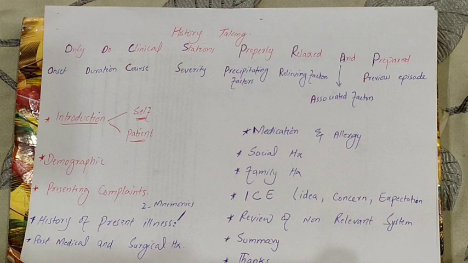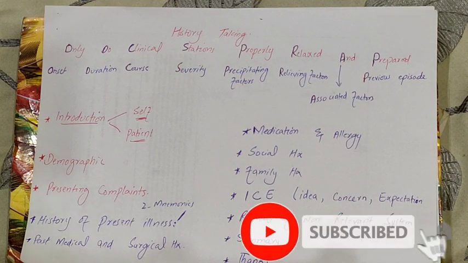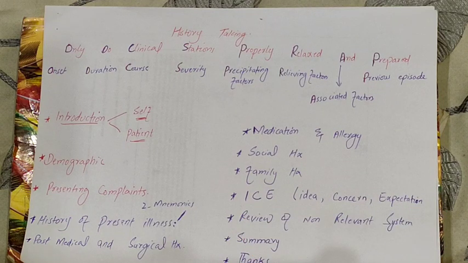Just consider a lump as an example. I will ask about onset: did it appear suddenly or gradually? So I am asking about onset.